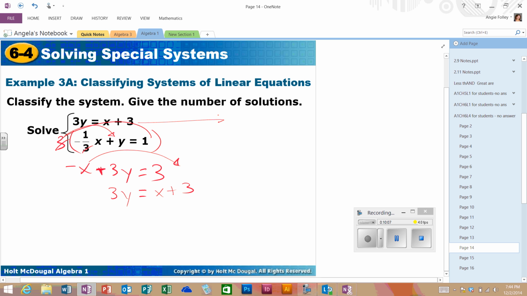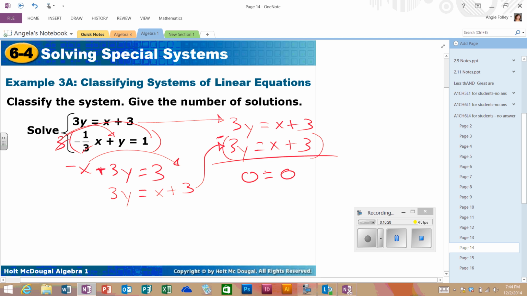Now if I line up that equation, 3y equals x plus 3, and this equation, 3y equals x plus 3, when I subtract the one from the other one, everything would cancel and I would just get 0 equals 0.